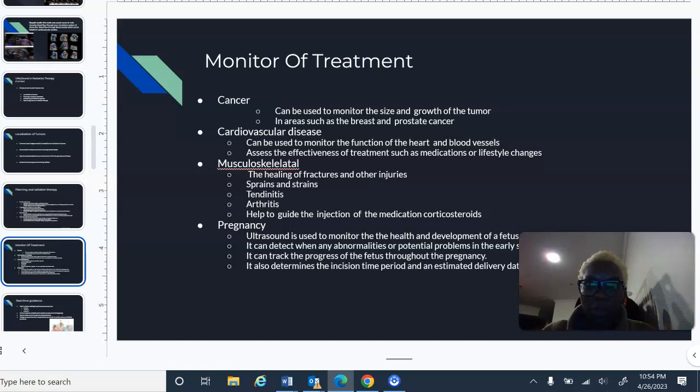And also, if the physician advised the patient to make lifestyle changes, we'd want to image further along to make sure that the changes the patient implemented are in fact showing progress for whatever the patient is being treated for.